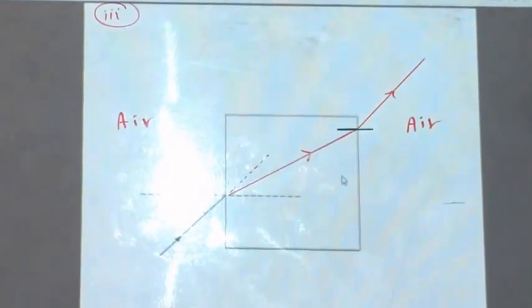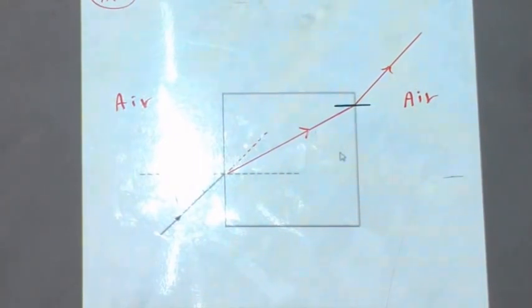Replace a monochromatic ray: use a ruler to draw the approximate path for this violet ray in the glass block and emerging from the block. I want also the refracted ray for violet and the emergent ray.